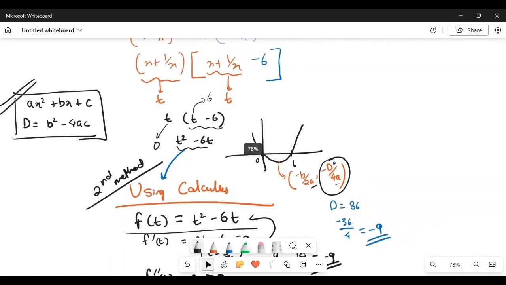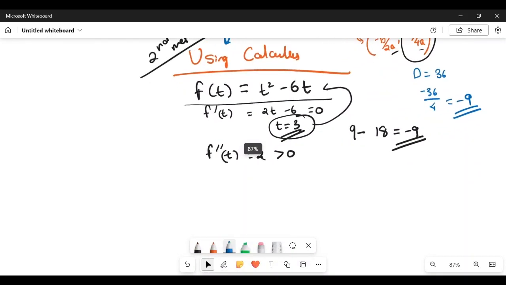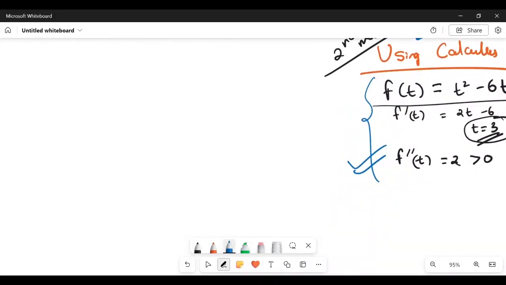I would also like to tell you about the second derivative test. Let me bring you here. There is a very cute little trick to remember that when f double dash x, let's say, is greater than 0, then it is basically minima for fx, and when f double dash x is less than 0, then that is basically maxima for this fx.